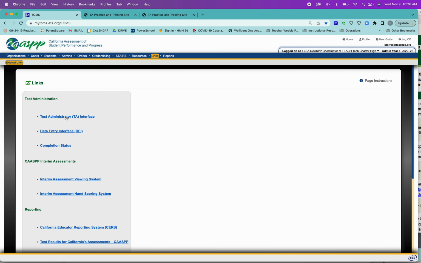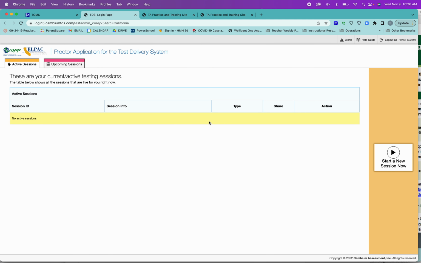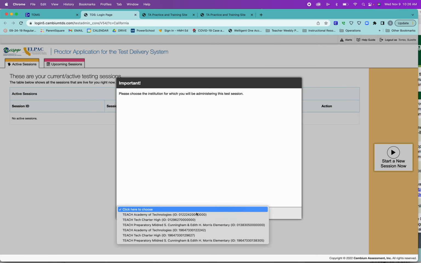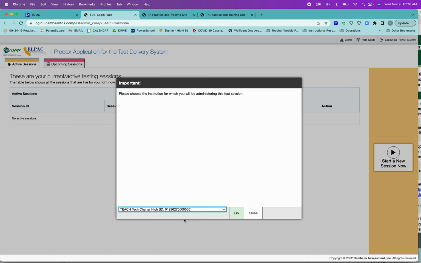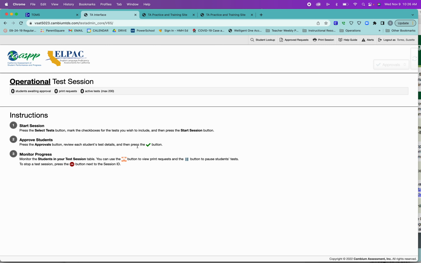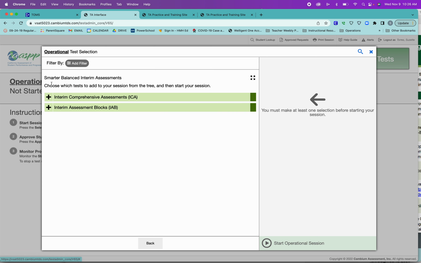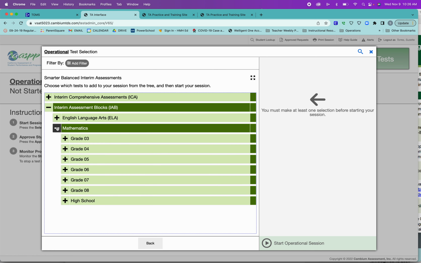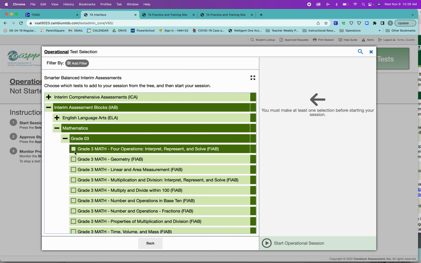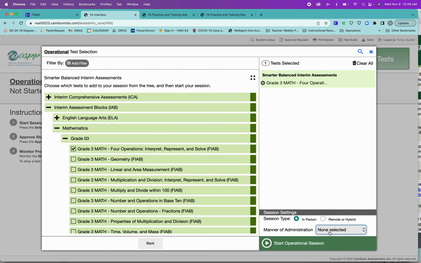The other way to use the test administrator interface itself, the one that you use for the IABs, is to administer an IAB that is non-standardized.